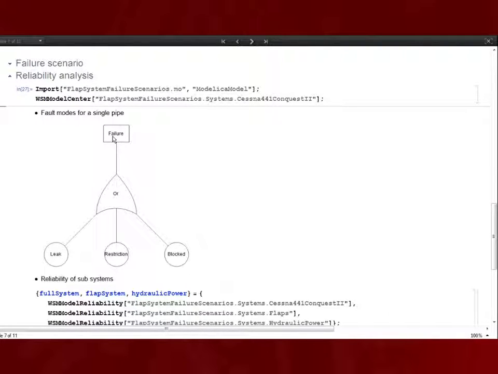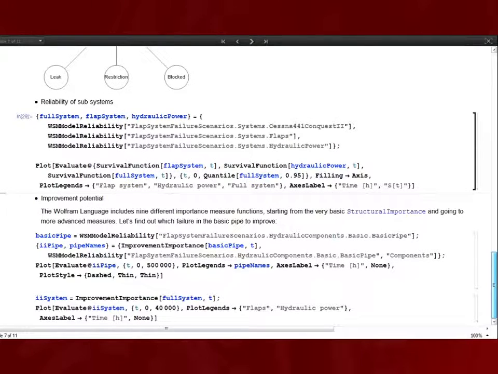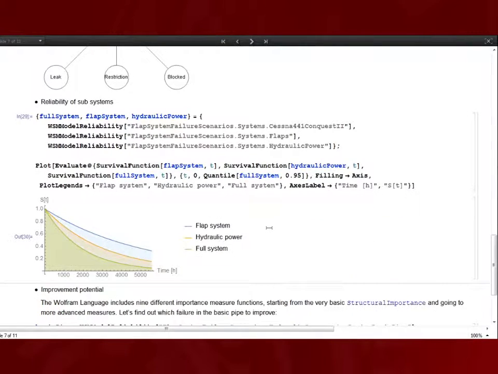That's basically the 3 fault modes that have been modeled in this case. And likewise, the electrical system will have other types of errors modeled. And then we can do things like simulating the reliability of the different subsystems.